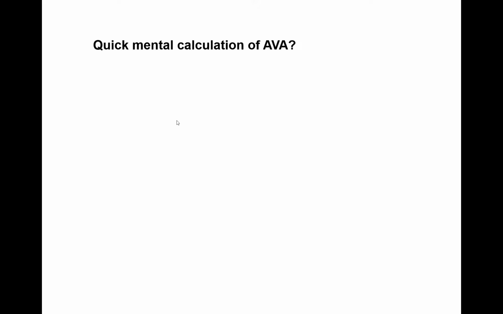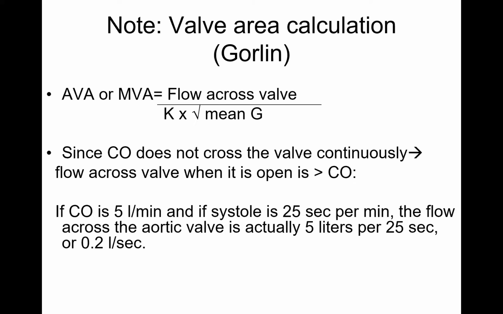So the flow across the valve is 5 liters per 25 seconds. Okay. So it is 0.2 liters per second. That's the flow across the valve, 0.2 liters per second. You got it? So it's 5 liters per 25 seconds, not 5 liters per minute. Everybody understood that? It's a very important point.